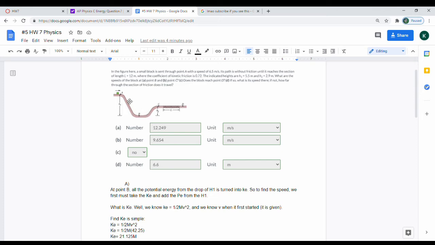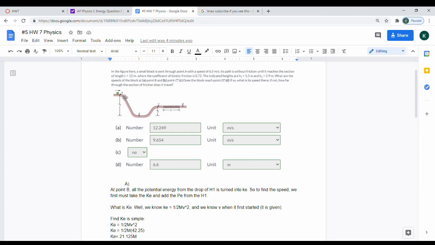Part B, where they ask for point C, is incredibly similar. But imagine instead of it dropping from here, since the path does not matter at all when it's a conservative force, it's only the end and start point, just imagine it was a straight line from A to C. So we do the exact same thing, the exact same KE we start with. It's still 6.5, or in my case 6.5 squared, times m times 1/2.